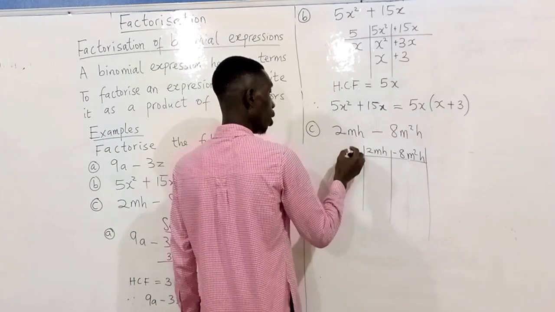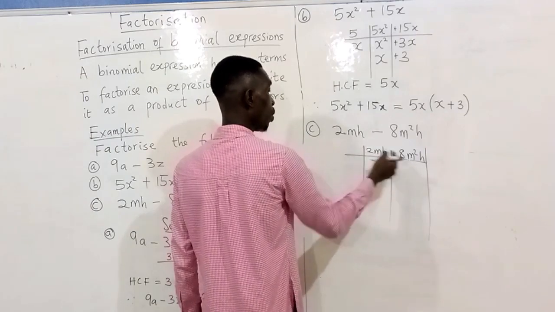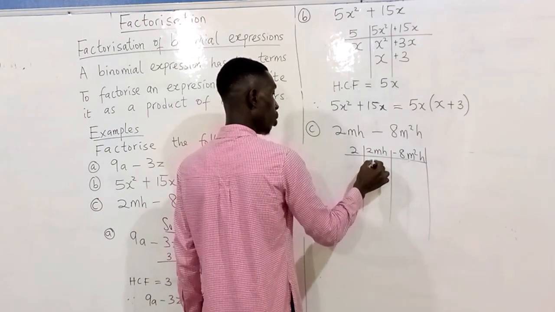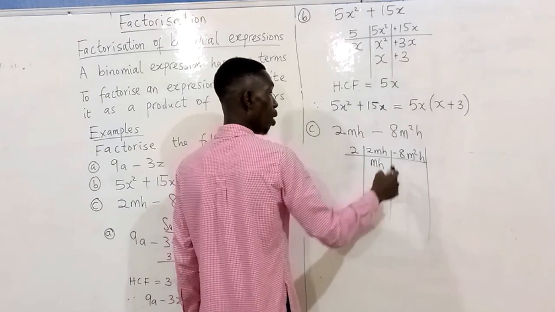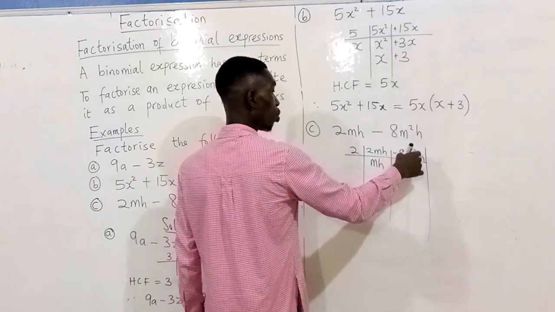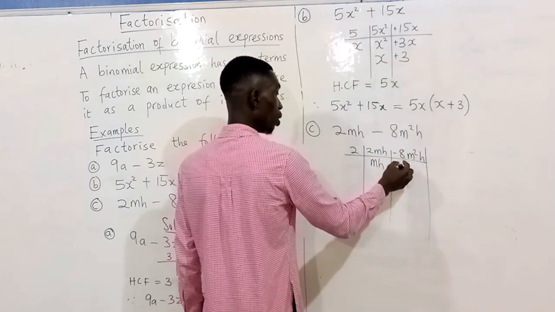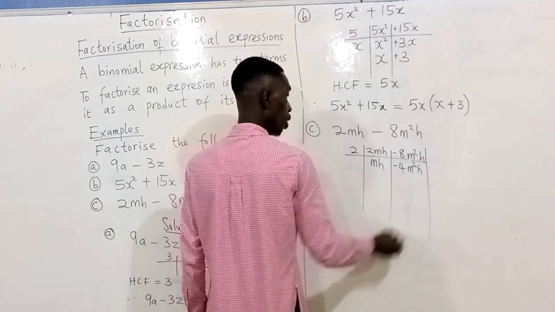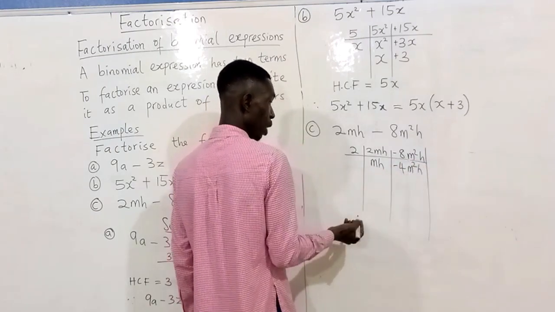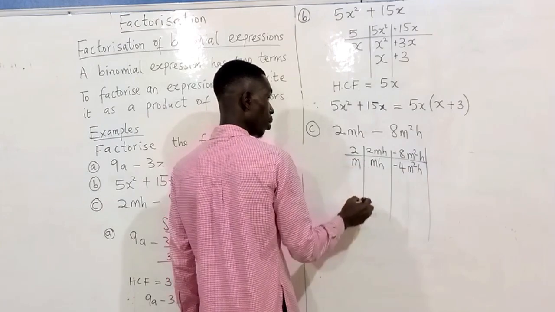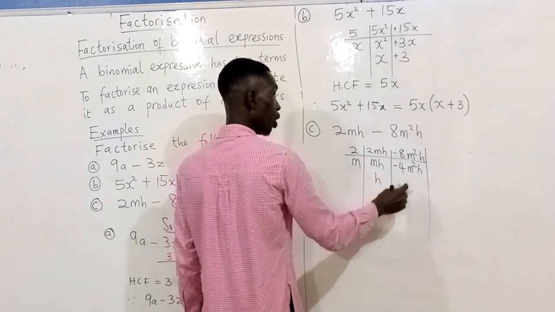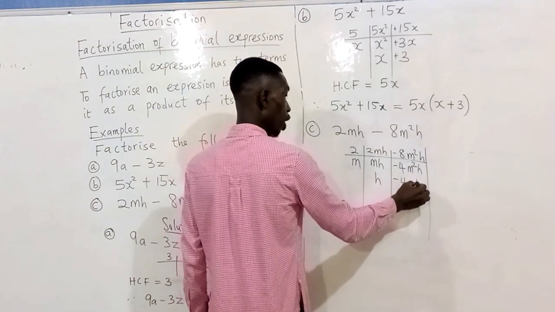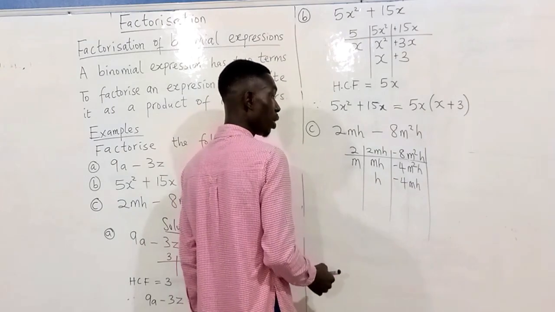So let's see what can go. We have 2 can go into both terms. 2 into this, we have mh, and minus 8m squared h divided by 2 gives us minus 4m squared h. What can go into both terms now is m. M here we have h. M here we have minus 4mh.